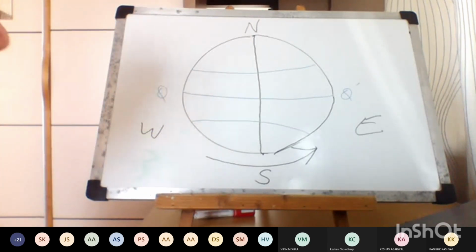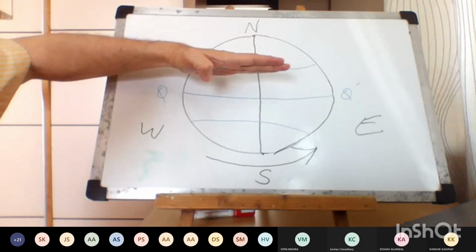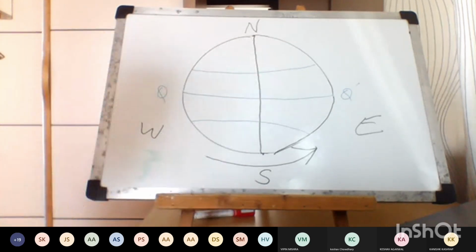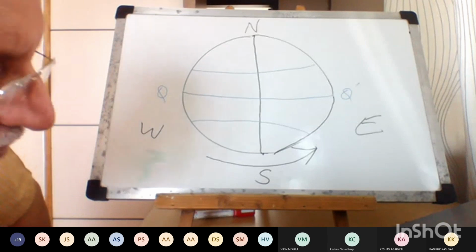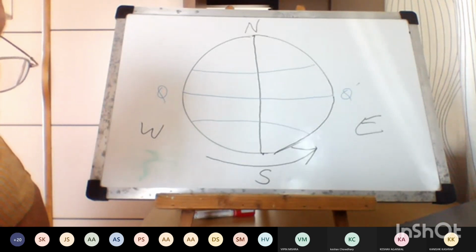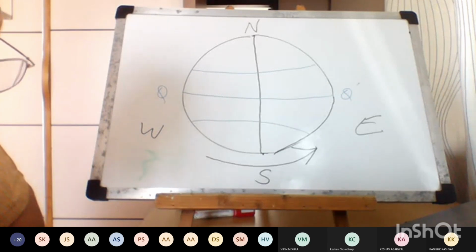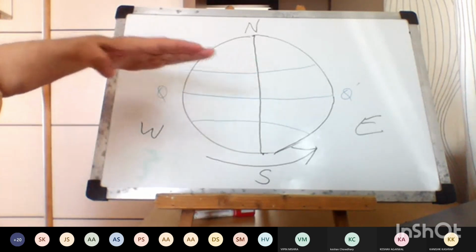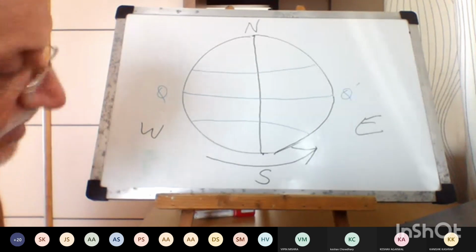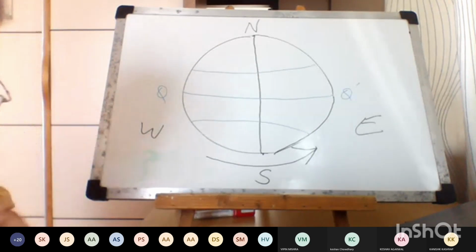Now, if I slice the Earth at this level, all of you must have cut some fruit, some apple, something like this at times. What do I get? I get a small circle, because the plane of this is not passing through the center of the Earth. The circle which passes through the center of the Earth will be the biggest one.